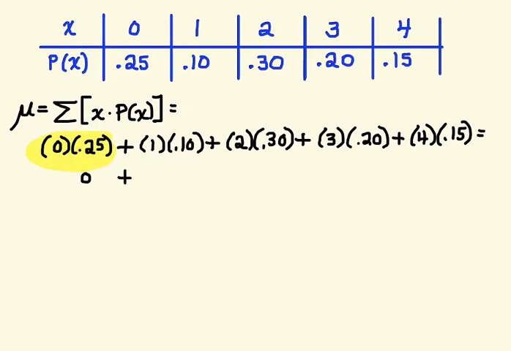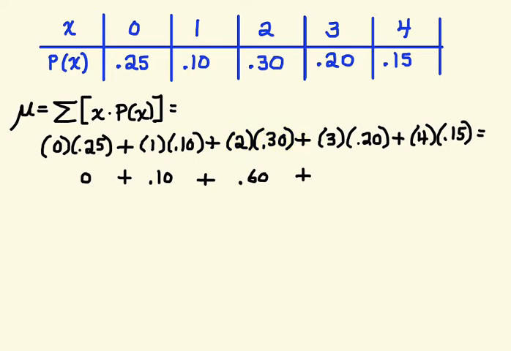And our next one is 1 times 0.1, so that's going to give us a 0.1, plus. Okay, and our next one, let's move the highlighting over, is a 2 times 0.3. That's going to give us a 0.6, plus.